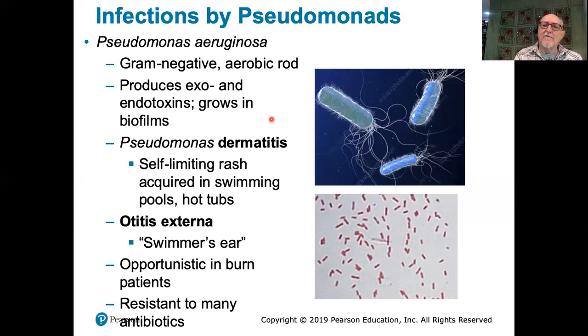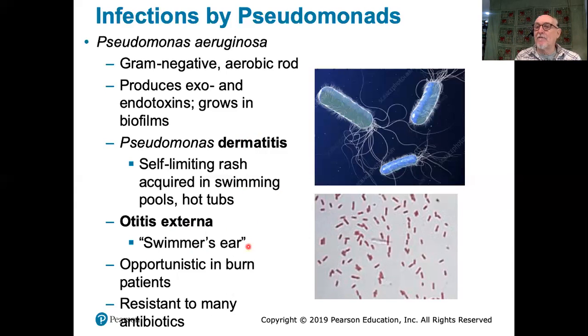There are some mild infections with Pseudomonas as well. There's one which is commonly associated with hot tubs, and it produces a dermatitis, which often doesn't even need treating. It's a temporary situation. It is also, in people who swim regularly, a cause of otitis externa, or swimmer's ear.